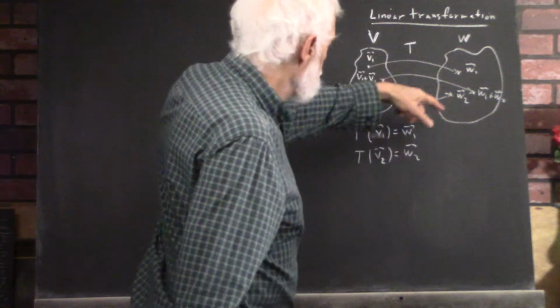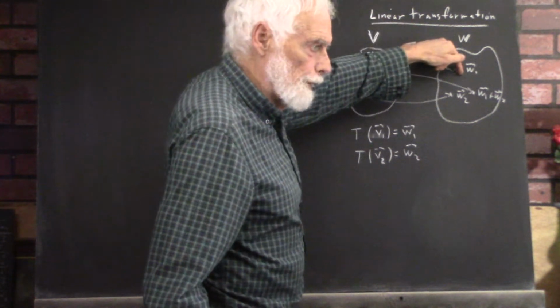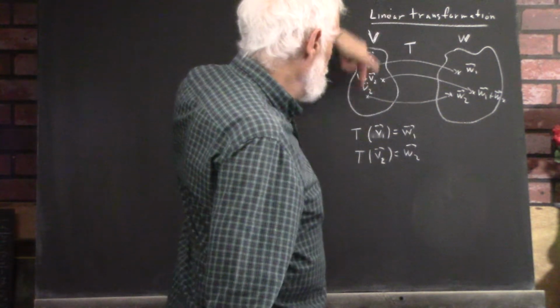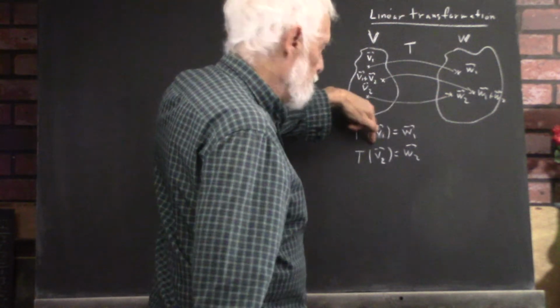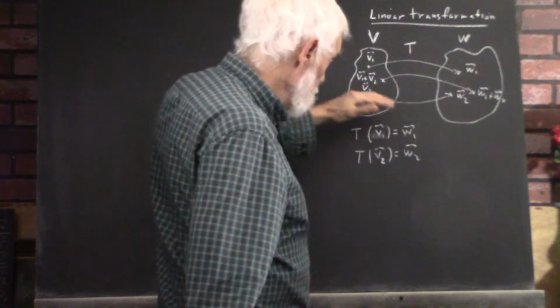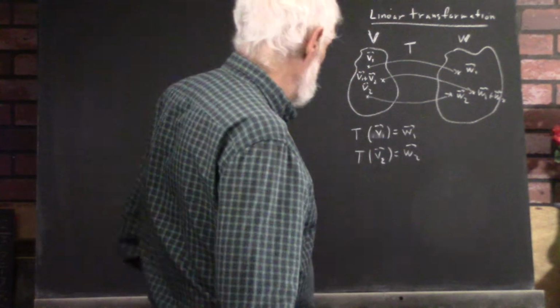That's what these arrows mean. The arrow from V1 to W1 means that T applied to V1 gives you W1, and T takes V2 to W2.